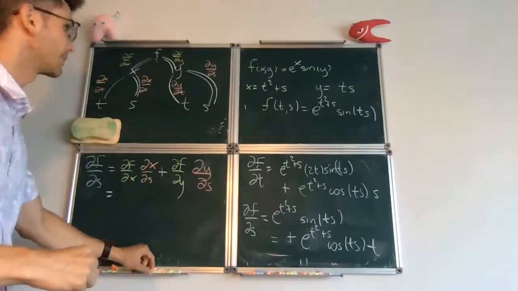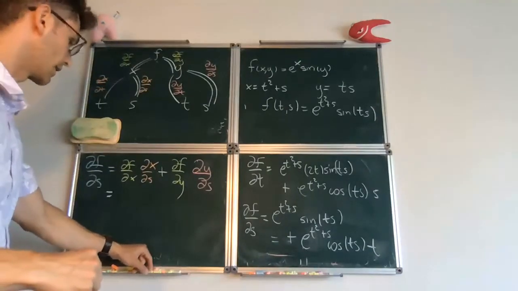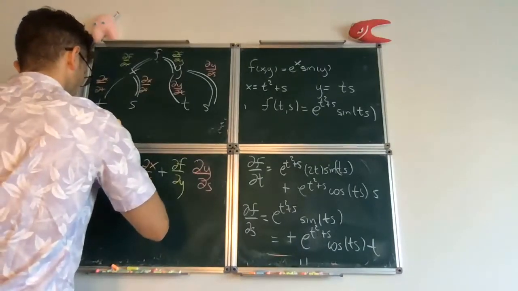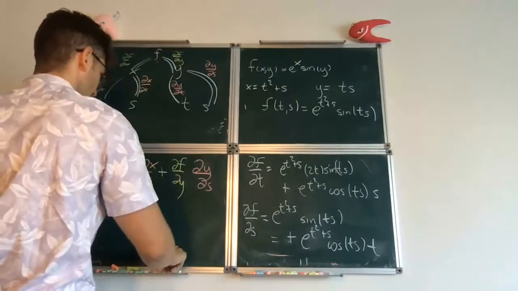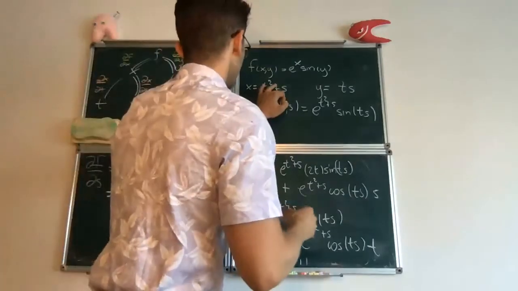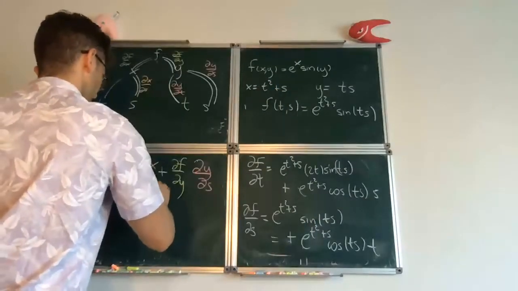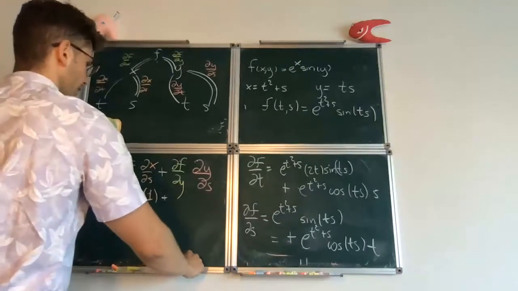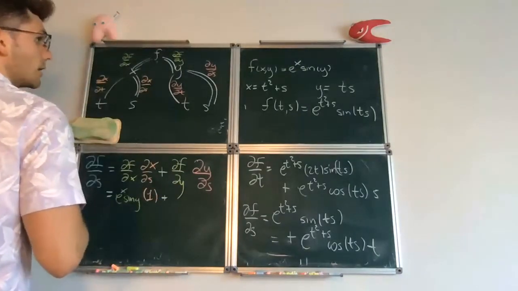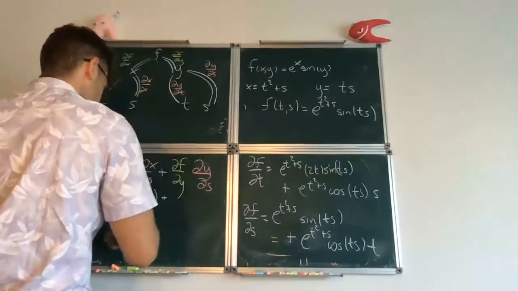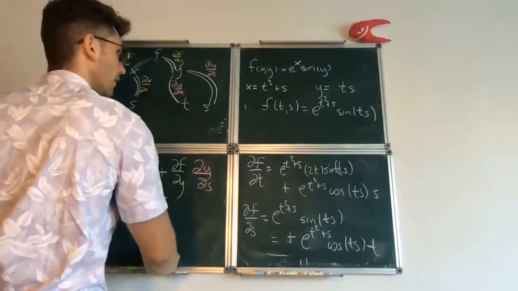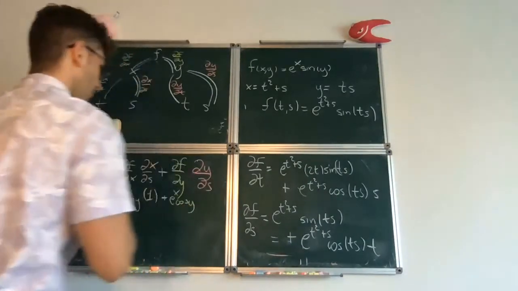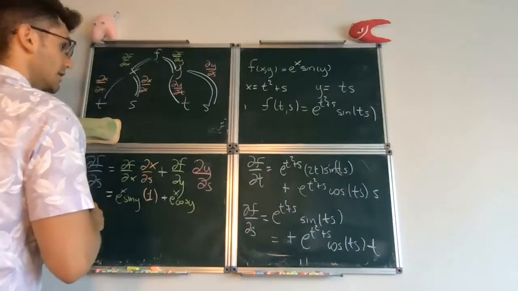Partial of f with respect to x, that's e to the x sine of y. And then partial of x with respect to s is just 1. And here you get partial of f with respect to y, which is e to the x cosine of y. And partial of y with respect to s is just t.